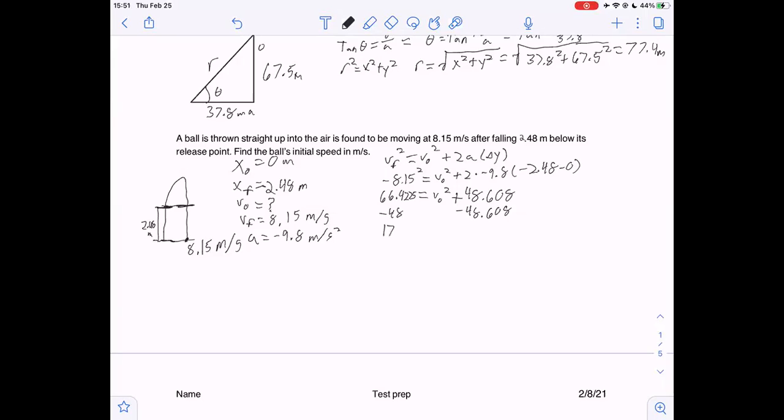So that leaves us with 17.8145 is equal to our V naught squared. Then you do square root of both sides.